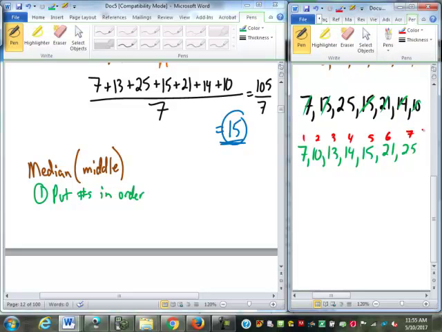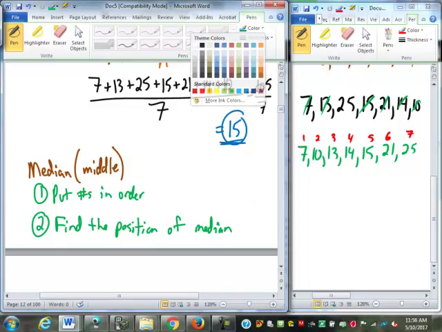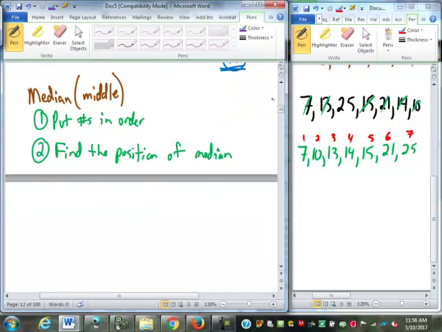I'm actually going to number them 1 through 7 just because that's going to make the next step a little bit easier. So back over here, our second step is to find the position of the median. The median is going to be halfway through the data.